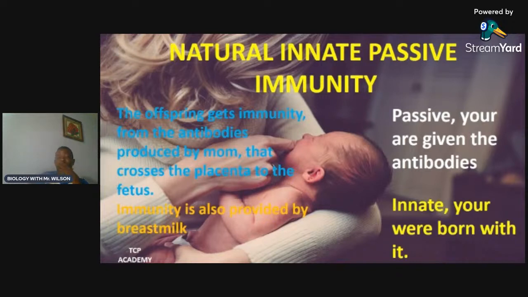Natural, it's organic, it has no human interference. Innate, meaning that it is made within a organism. And of course, passive here mean that it is given. It's something that is given. It is passed from one person to another.